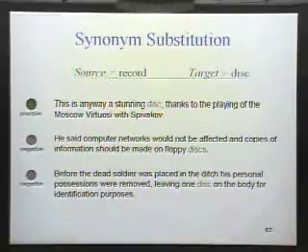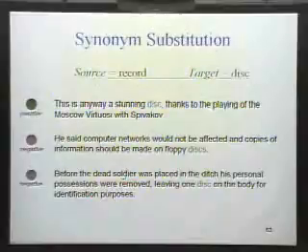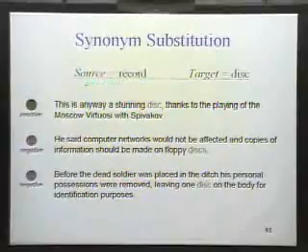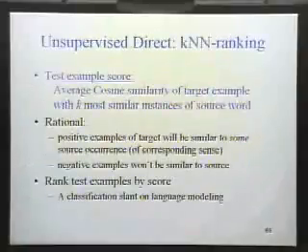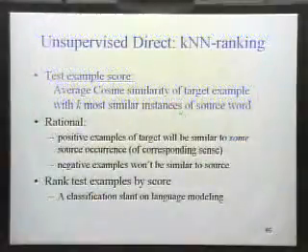If there are, then probably the sentence matches. For instance, if I take this one, probably this sentence isn't very similar to typical sentences of record. So we use a KNN approach. We measured cosine similarity between the test sentence of the target word and the unlabeled training instances of the source word, measured similarity to all examples, took the K most similar, and if the similarity was above a certain threshold, we said yes, otherwise we said no.